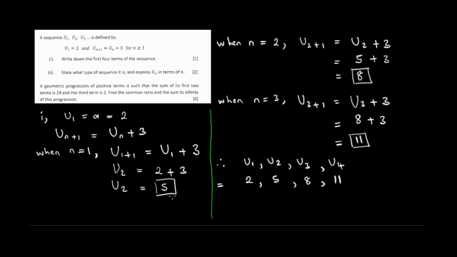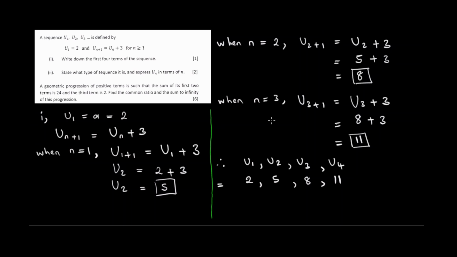Because for every successive term, we are adding 3. So here we take the first term and say plus 3, we get 5. Then we take the second term, 5, and say plus 3, we get 8. Then we take the third term, 8, and say plus 3, we get 11, which is the fourth term. So the common difference in this arithmetic progression is going to be 3. With that we have completed the first part of our question.